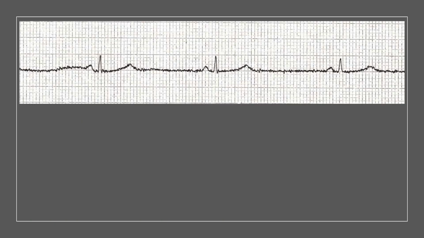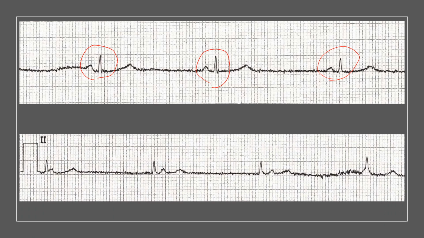So this is the rhythm strip from the second half, and we can clearly see normal looking P waves, PR interval, complexes, and everything is nice and regular and in the right direction. So again, that's normal. While in the first half of the ECG, we've noticed that the P waves came after the complex in the first 3 beats, then within the complex as part of the complex in the last one.